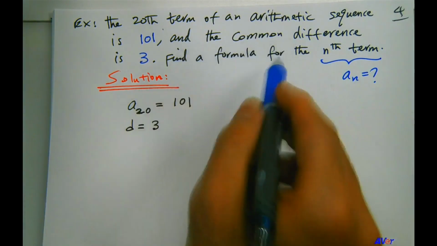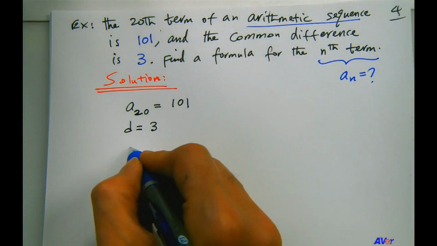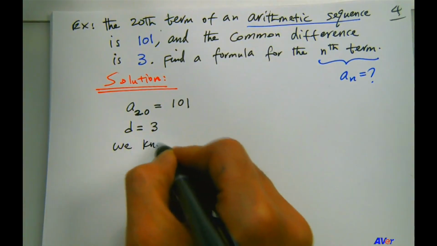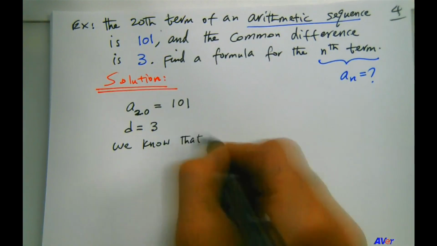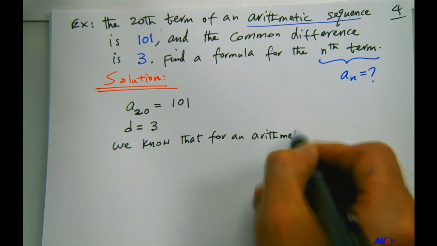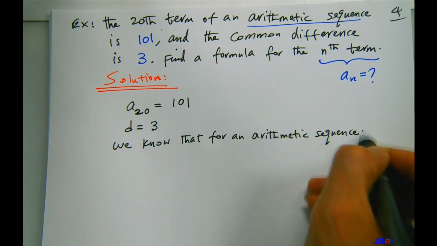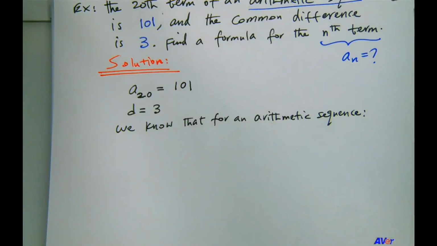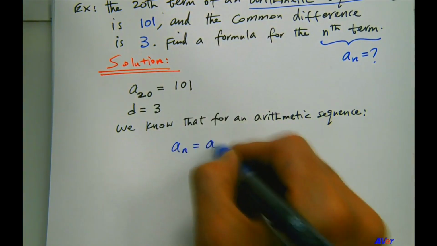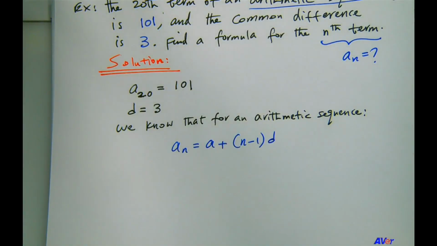We know that for an arithmetic sequence, the formula is A plus n minus 1 times D, right?